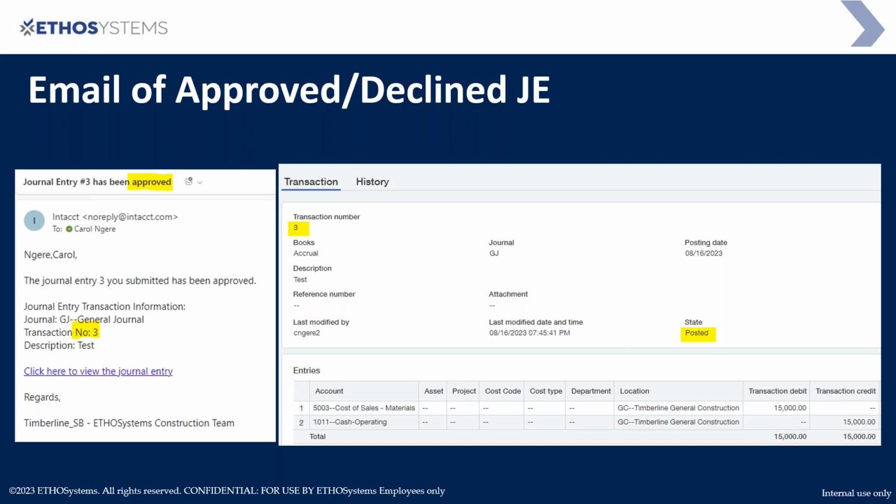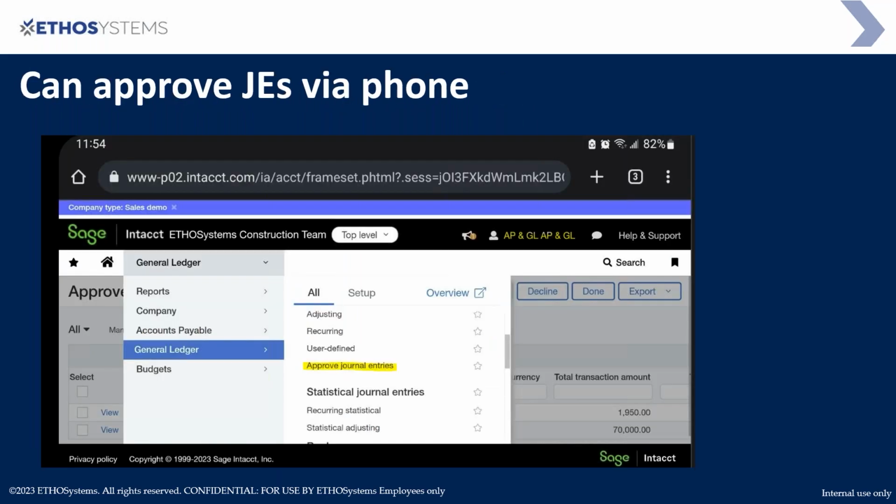And as you can see on the left side picture, there's a click here to view the journal entry. If I'm already in Intacct doing something else, and if I click that link, it already takes me to that journal entry, which, as you can see, is what's opened on the second screenshot there. And it shows that my entry was approved and all is good. So that's what that communication looks like, in case somebody was curious what the emails look like.